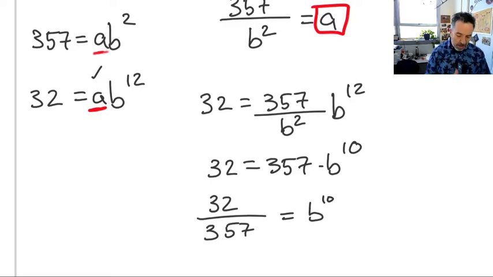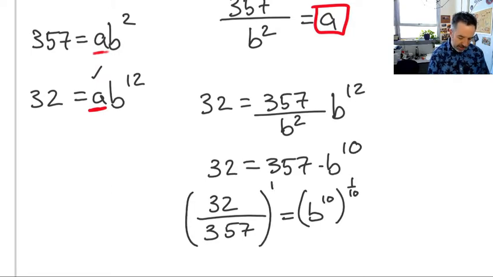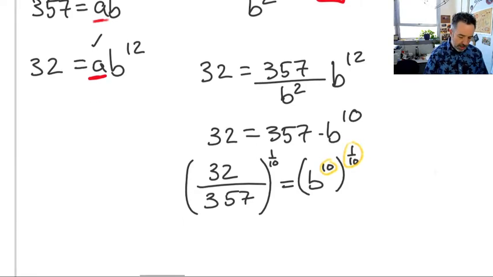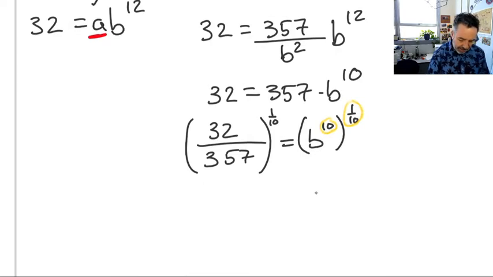The power I'm going to use is the 1/10th power, because if I have B to the 10th and raise that to the 1/10th power, that becomes just B. So I can see right now that I have an expression that is equivalent to B.